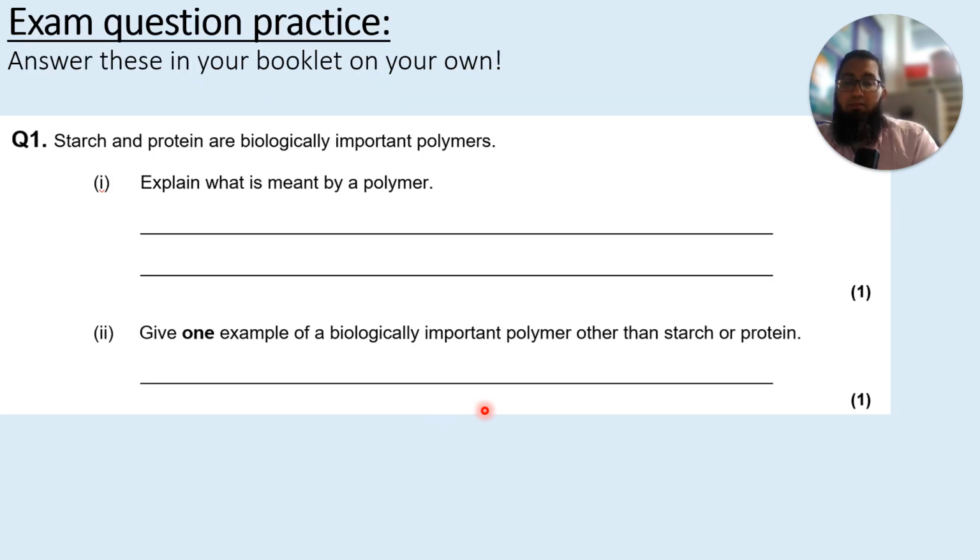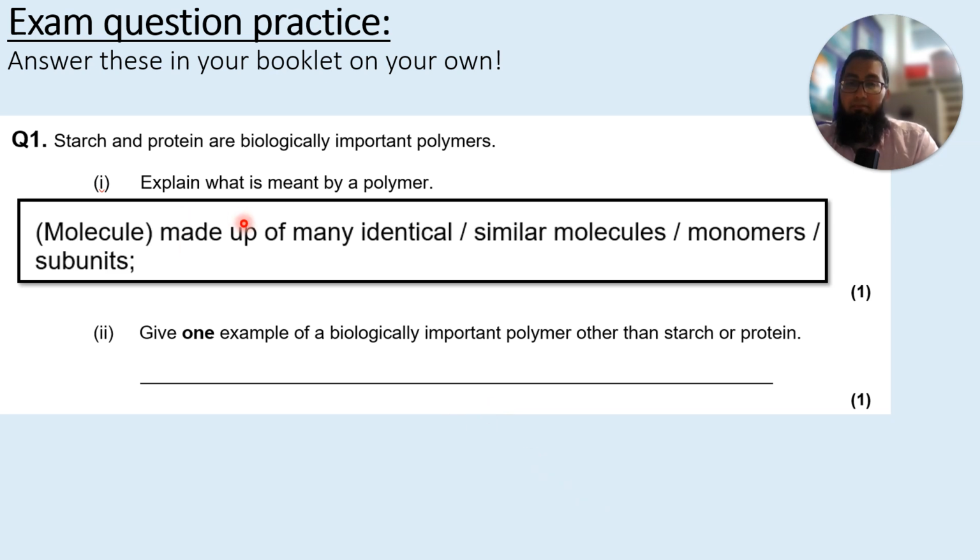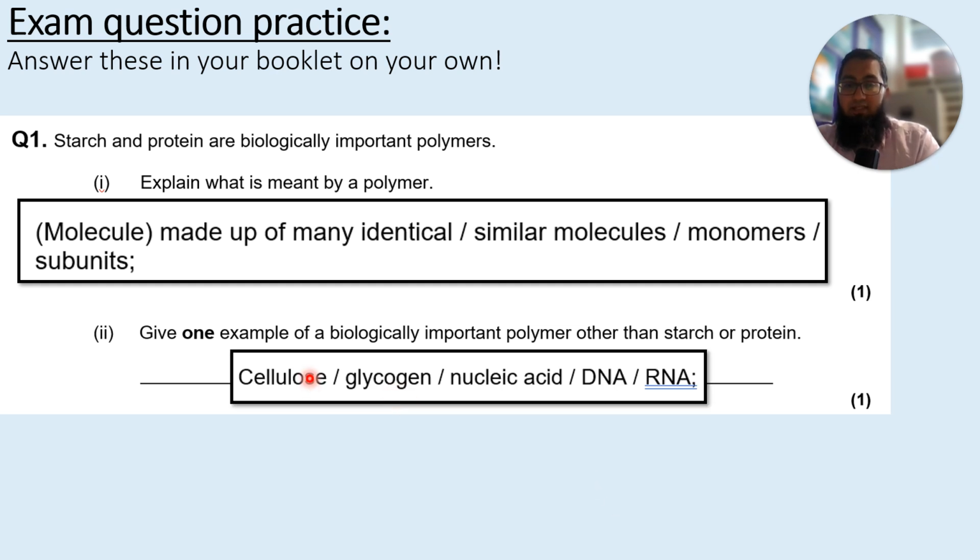Have you got this question? Pause the video. A polymer is made of similar or identical monomers which are chemically joined together. Cellulose is an example of a polymer, glycogen, or DNA or RNA.